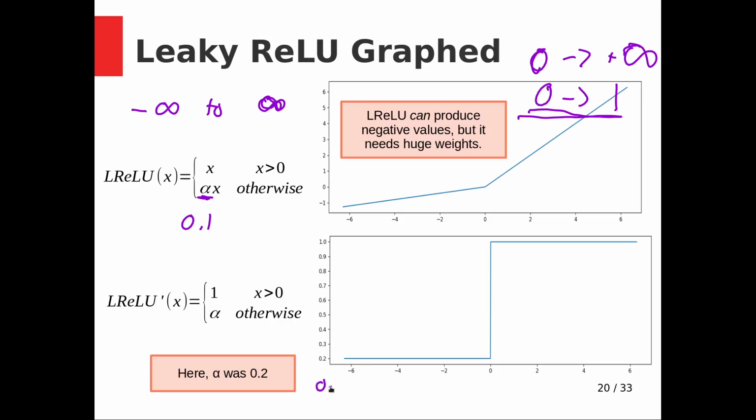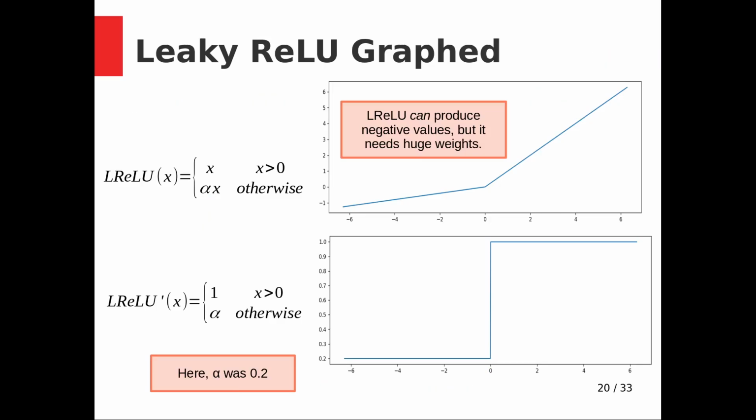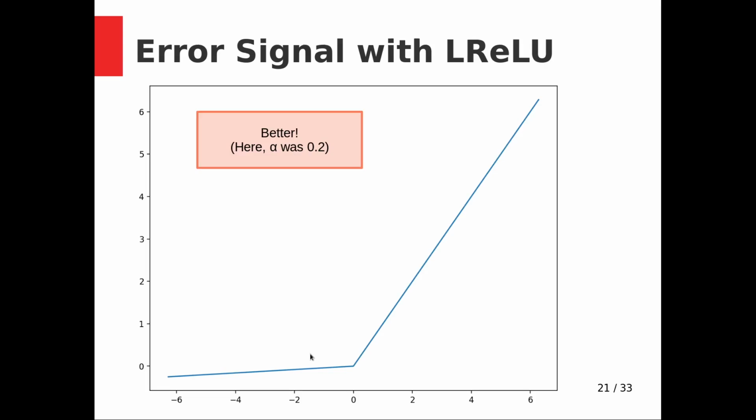And then the gradient just looks like this, where, if this were the ReLU, we would have 0.0 down here. But now instead it is like 0.2 to 1. And for these slides, I was using alpha of 0.2. So now if we graph our error signal, we basically see it's still less, but it's not 0. That's the important bit.